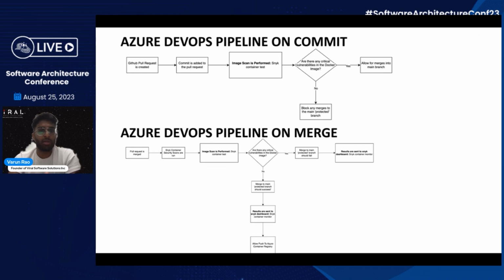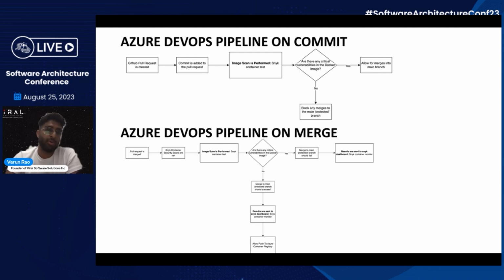So let's talk about the actual image pipeline, or I guess the CI/CD pipeline, that gets triggered on commits, and the CI/CD pipeline that gets triggered on merges. For example, let's say you put out a pull request with one commit.